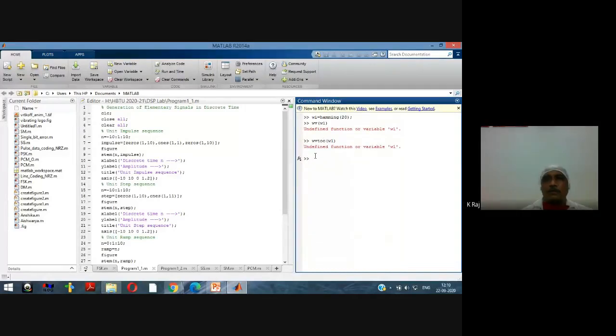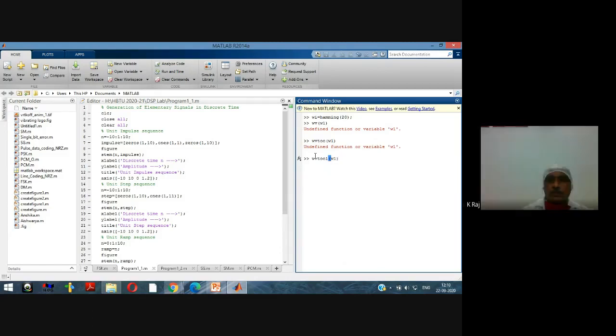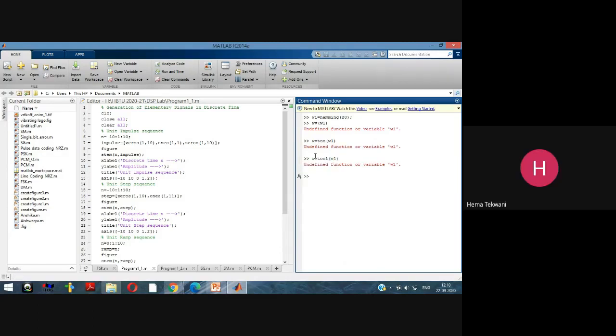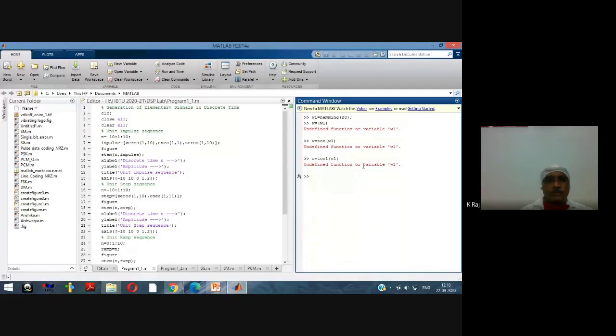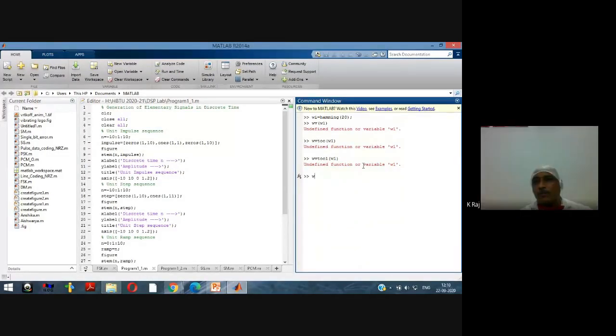Tool, yeah. Tool. Again some problem. You have defined W1. Good, very good. Window visualization tool and W1.